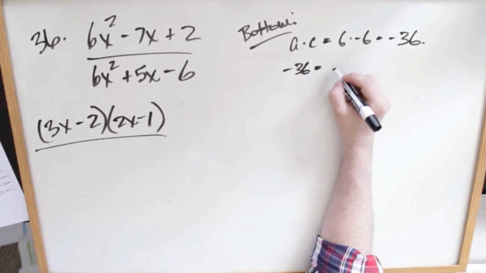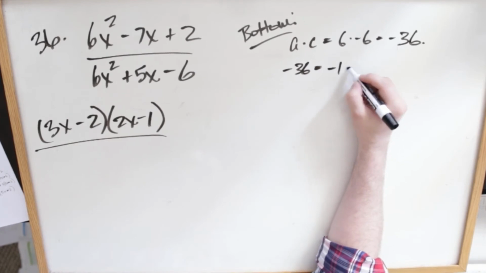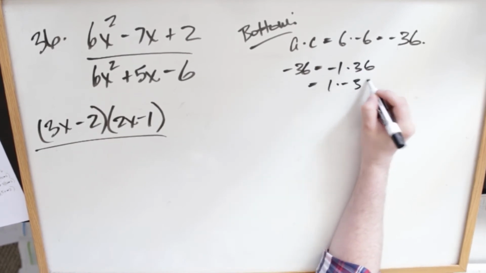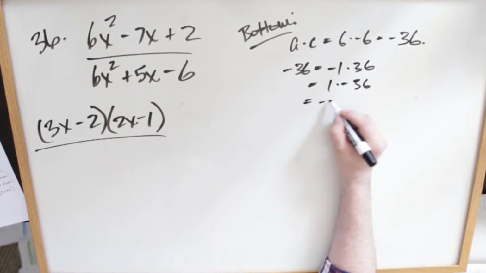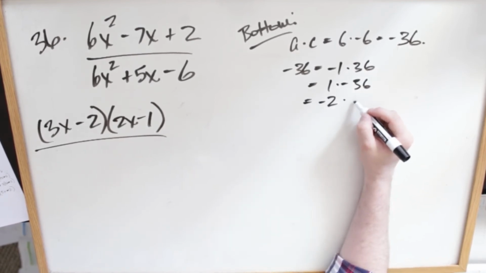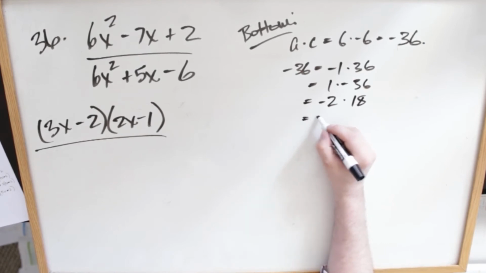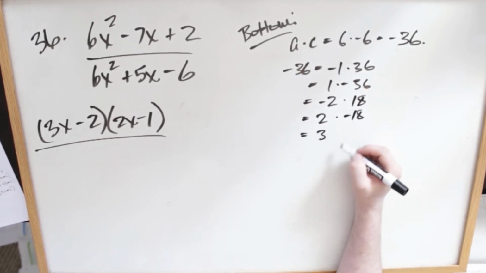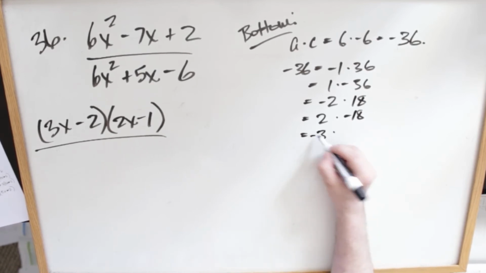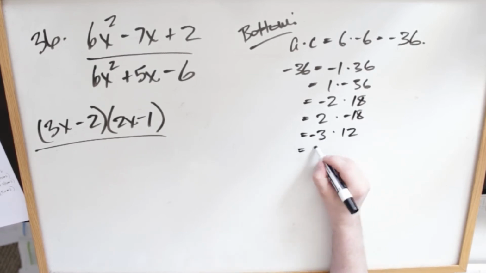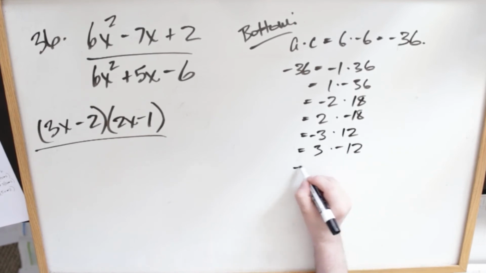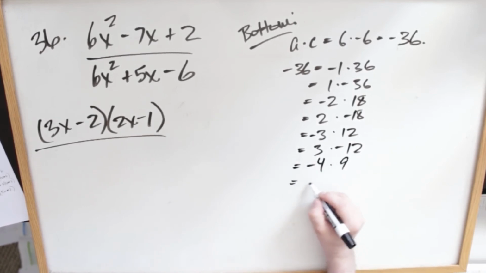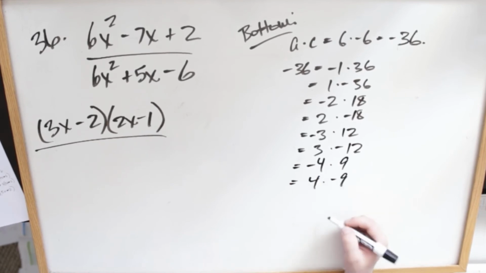So we're going to have negative 1 times 36, 1 times negative 36, negative 2 times 18, 2 times negative 18, negative 3 times 12, 3 times negative 12, negative 4 times 9, 4 times negative 9.